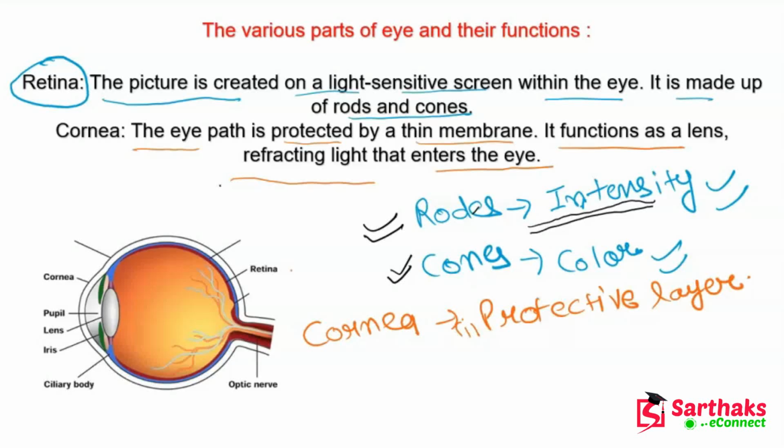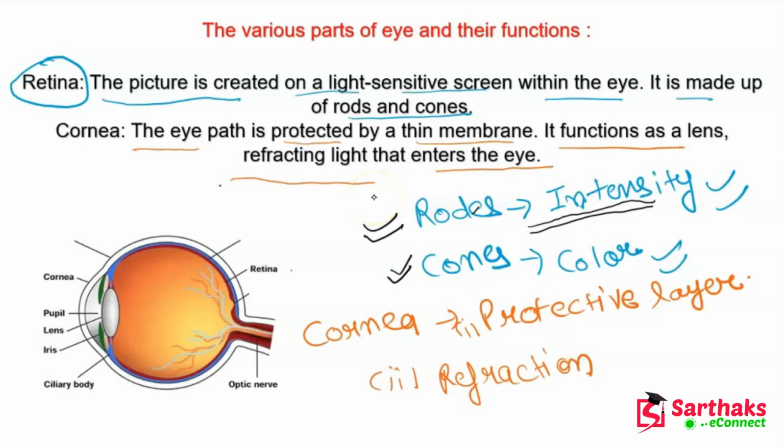So that's why it works as a protective layer. And the second point you have to remember is that the cornea refracts light before it reaches the lens. So it also refracts light. I hope guys these things are clear to you.